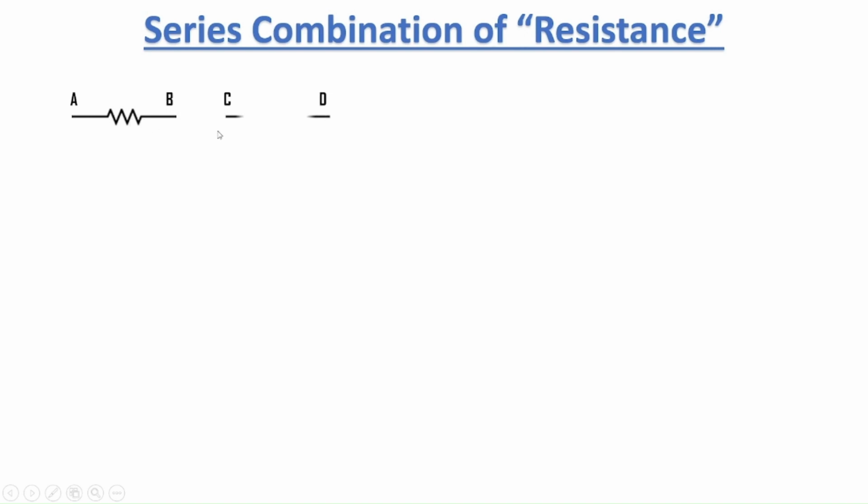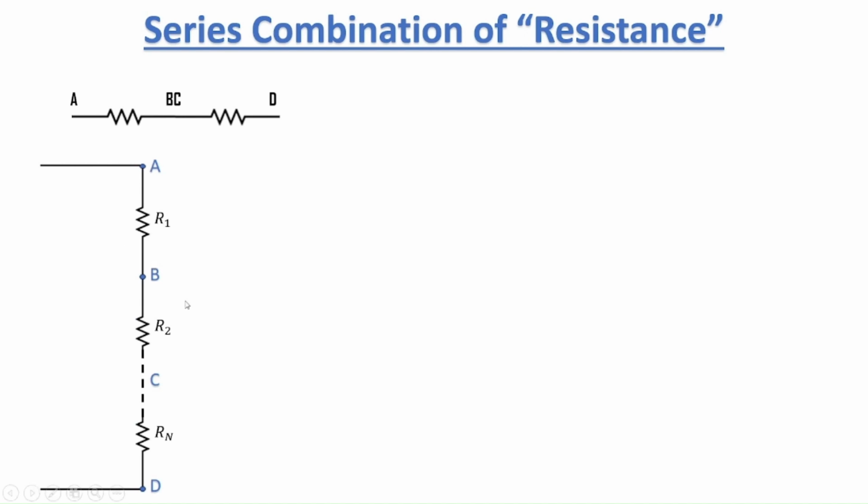Now I'm taking another resistance here and it has two terminals C and D. Now, if I connect them like this, so that the end of one resistive element joins the start of the second resistive element, this will be called the series connection of two resistances. This is how we say that the resistances are connected in series.